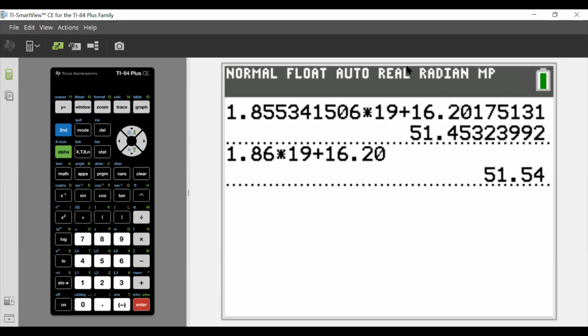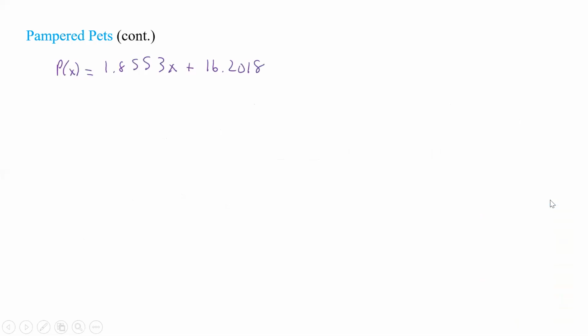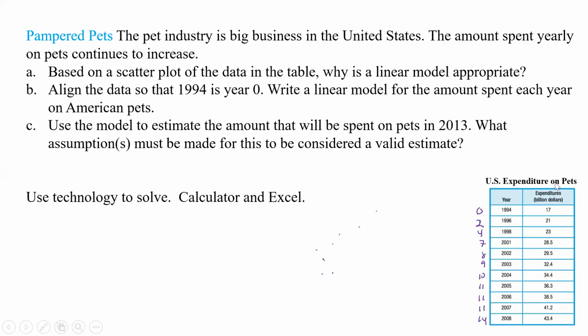Now let's go back to our problem here. How much will be spent on pets in 2013? All right, so this is in billions of dollars. So I'm going to say it was $51.45 billion spent on pets, just pets in general. It didn't have any kind of certain pets.